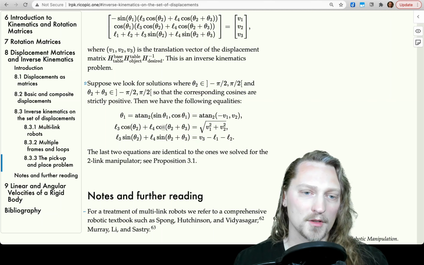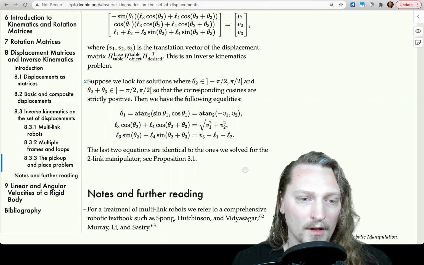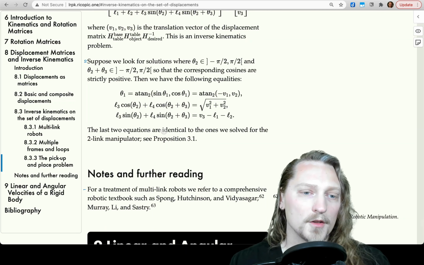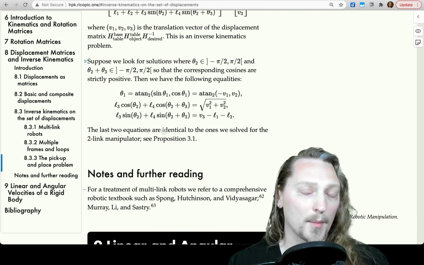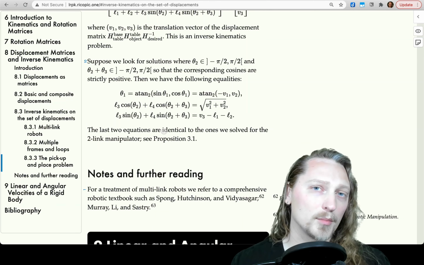Similarly, we have these relationships between theta 2, theta 3, and the L's and V's. The last two equations are identical to the ones we solved for the two-link manipulator, see proposition 3.1, which includes a solution for that. So theta 1, theta 2, and theta 3 are solved for this example.